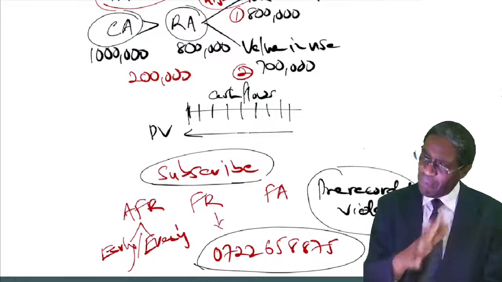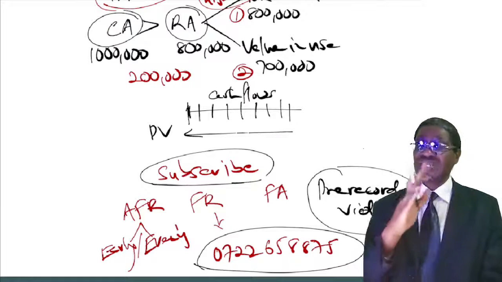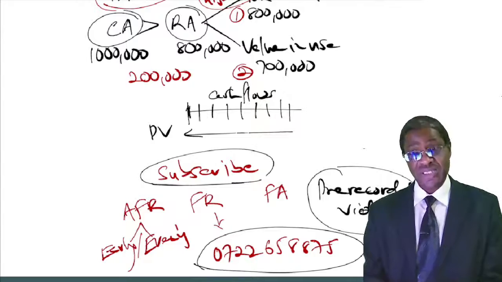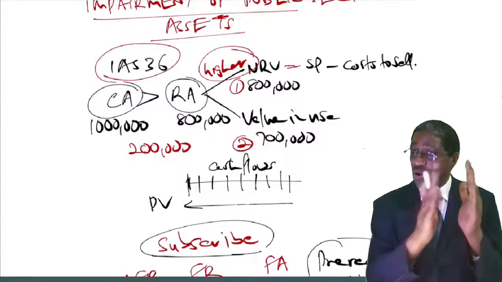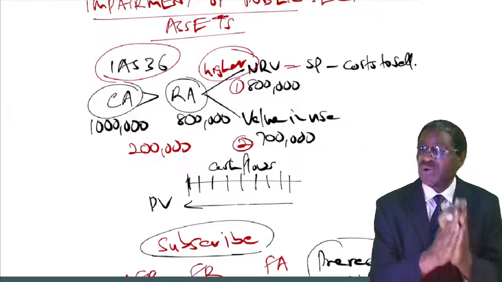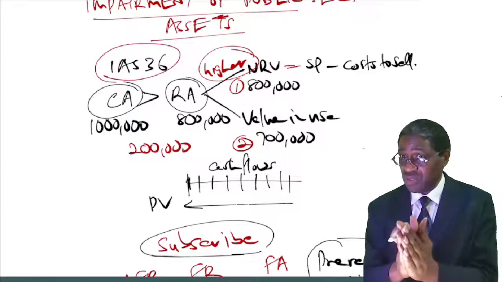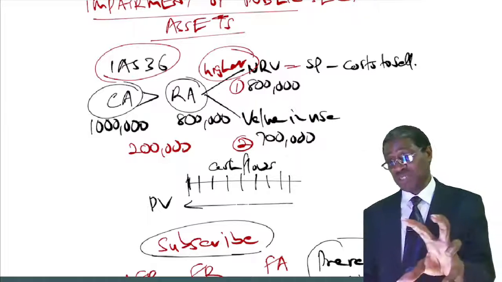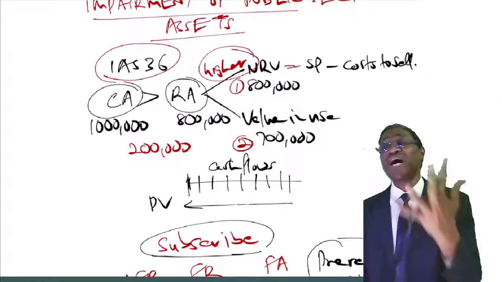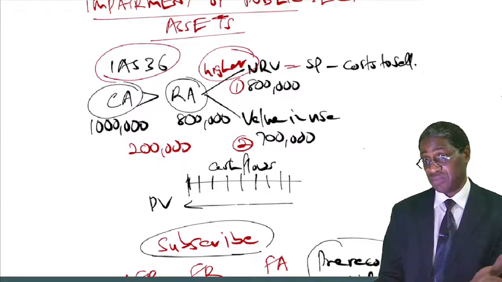So even for public sector assets that can generate cash flows, the concepts do not change. Still compare the carrying amount of an asset with its recoverable amount. If the carrying amount is higher than the recoverable amount, then the asset is said to have suffered impairment.